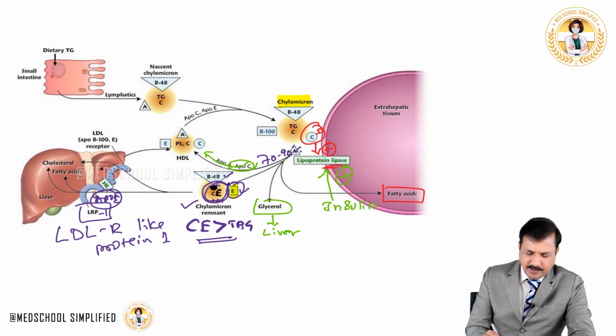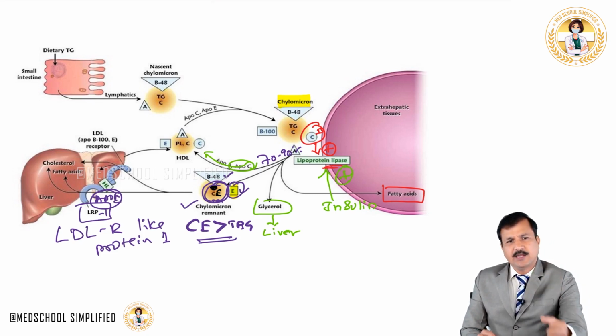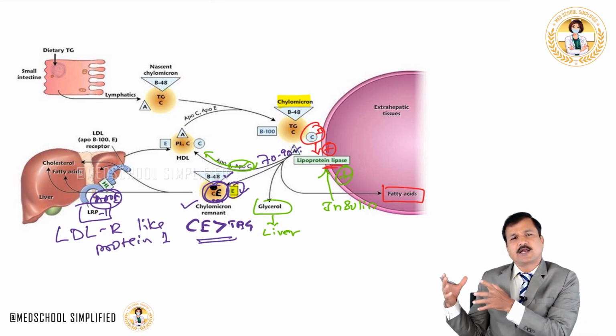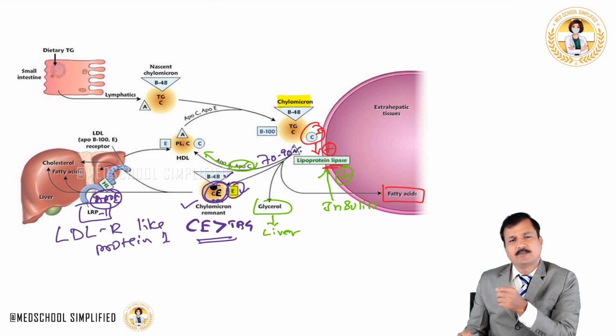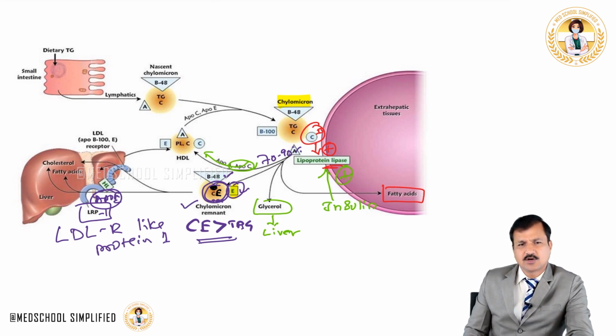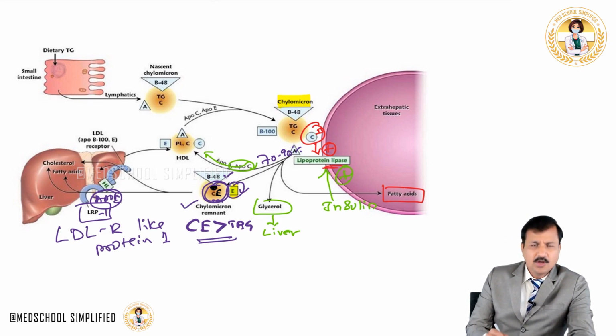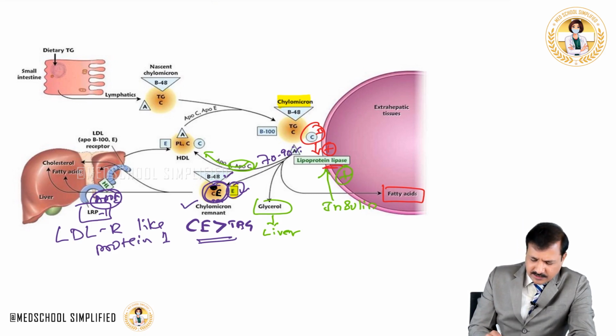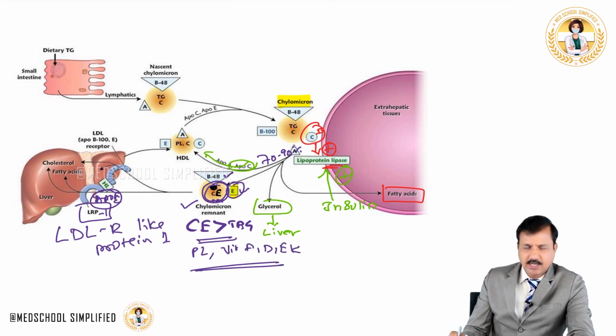What is there in the chylomicron remnant? It has the remaining cholesterol ester, because most of the triacylglycerol underwent metabolism and was taken up by the peripheral tissue, 70 to 90% of it. So only a little bit of triacylglycerol is left. There is more cholesterol ester, along with phospholipid and also vitamins A, D, E and K in this chylomicron remnant.